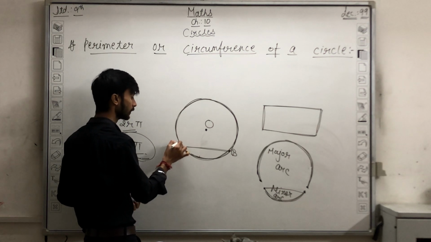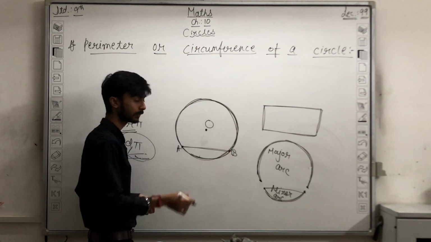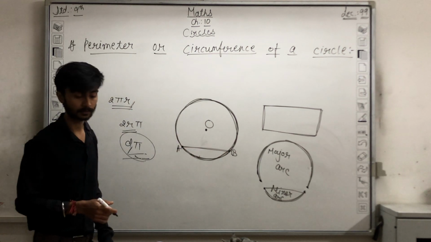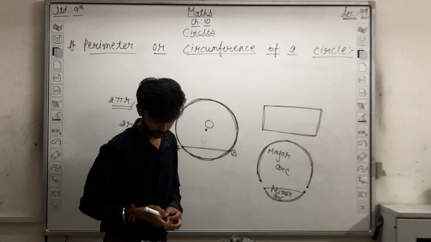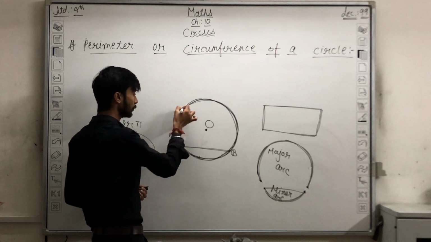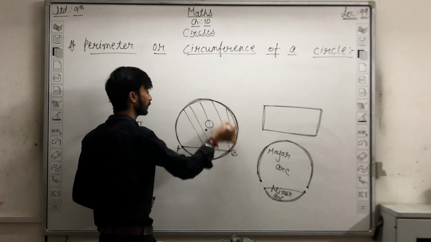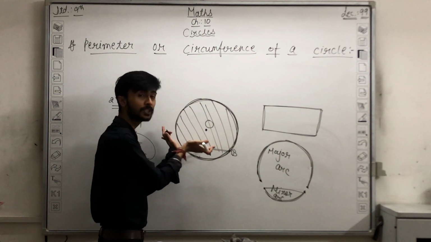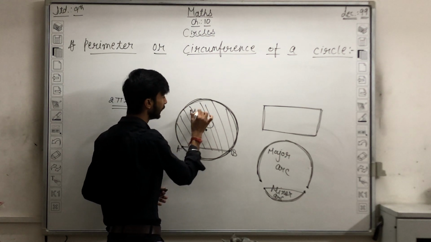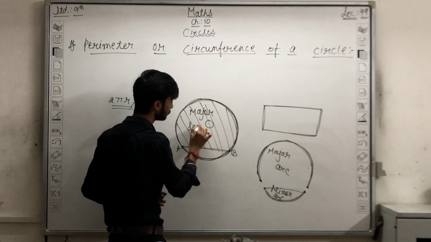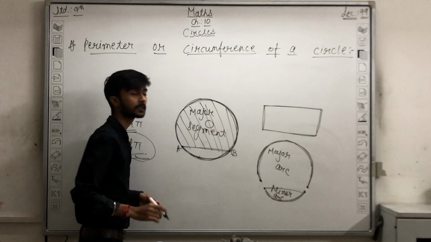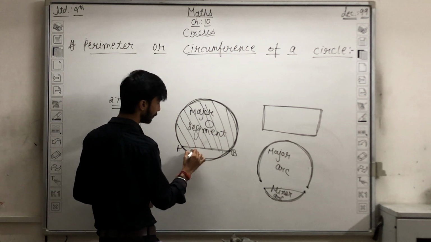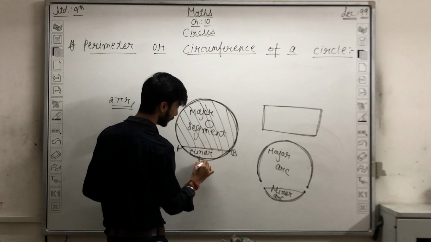Above this is the major and this is the minor, and this is the chord of the circle. This whole region covered by the major arc is known as the major segment, and this is the minor segment.